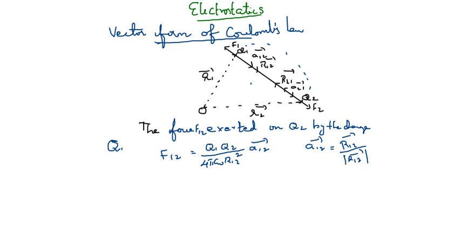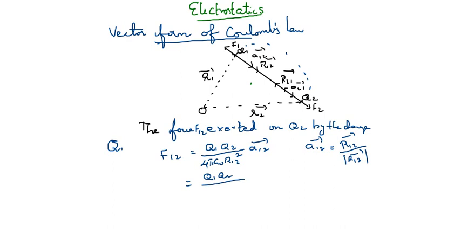So we can write Q1 Q2 by 4 pi epsilon naught times modulus of R12.